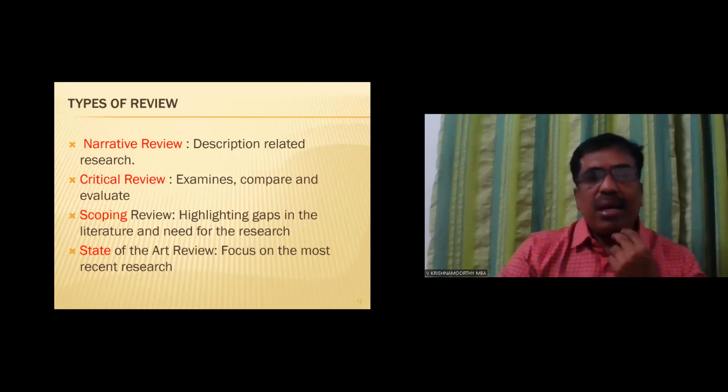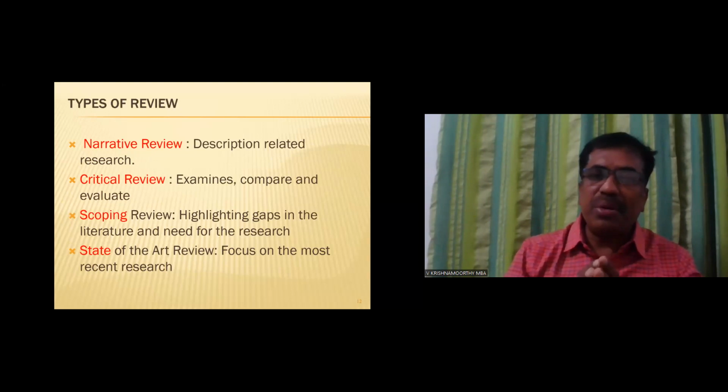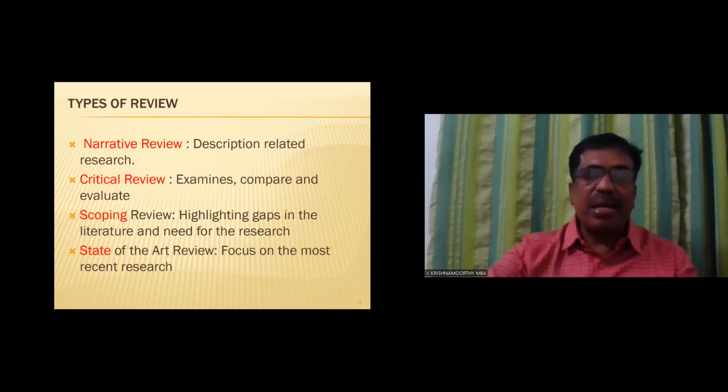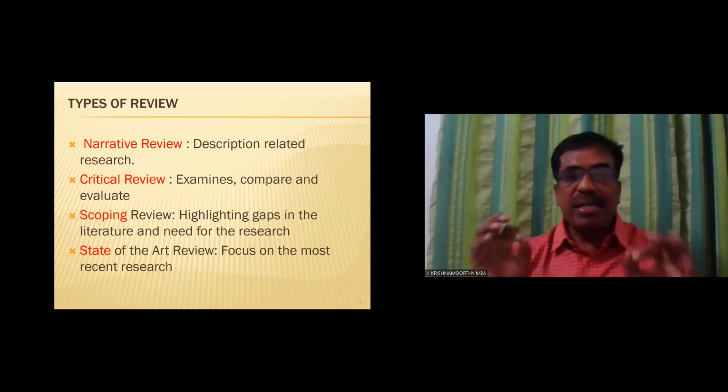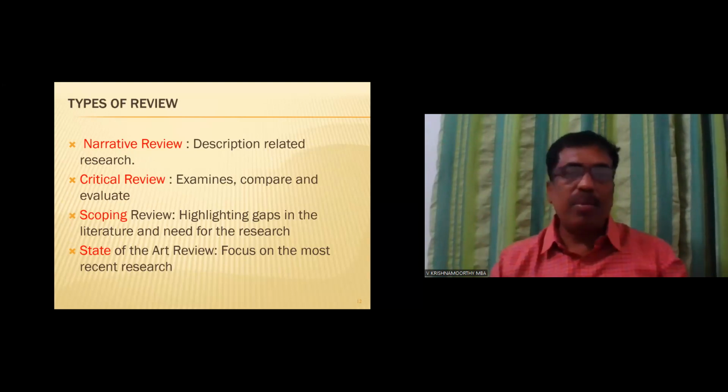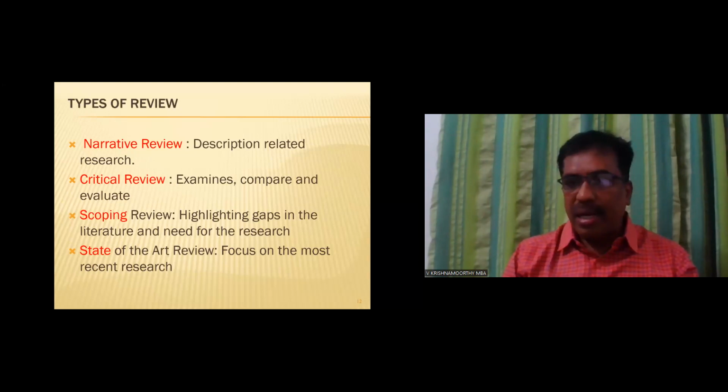If you take literature, the review of literature can be classified into different types. Sometimes a narrative review of literature. What is a narrative review of literature? It will describe the situation. That is a narrative review. A critical review means what?